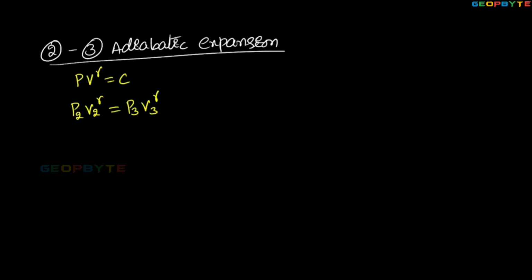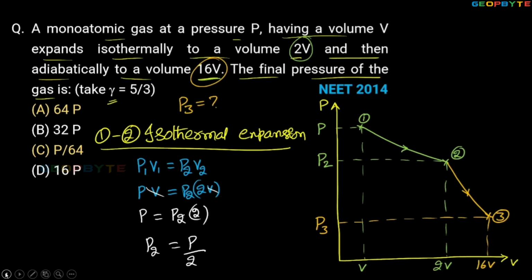But our process is from 2 to 3. Therefore, we can write P2 V2 power gamma equal to P3 V3 power gamma. Then P2 equal to P3 into (V3 by V2) power gamma.